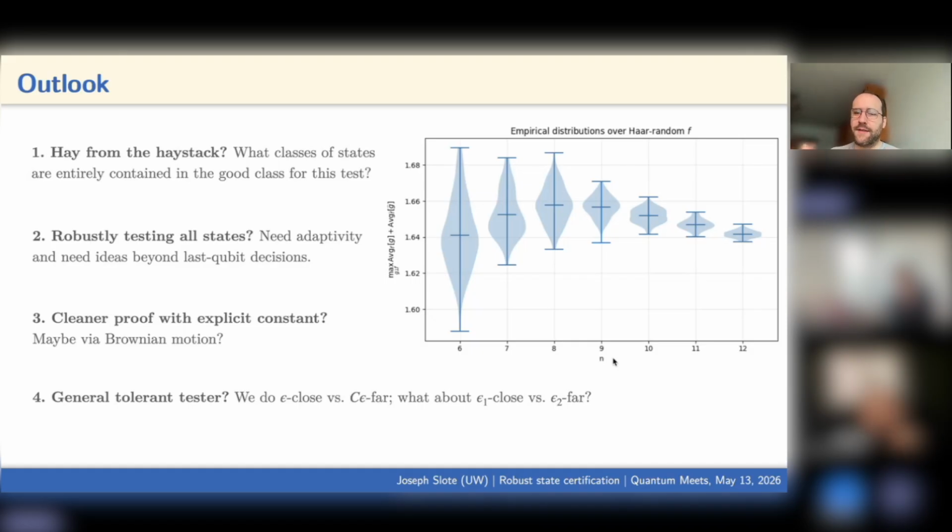A fully tolerant tester would allow you to say, I want to distinguish things that are epsilon1 close versus epsilon2 far, and my copy complexity and everything else of my protocol should be a function of epsilon1 and epsilon2. And these are completely independent numbers. And we don't have a way to do that. And it doesn't seem like an uncertainty principle suffices. So I think that's also a really nice question.